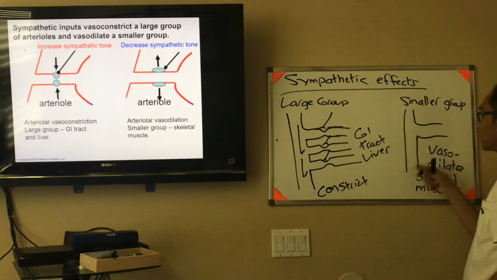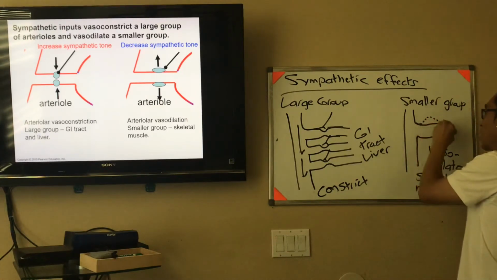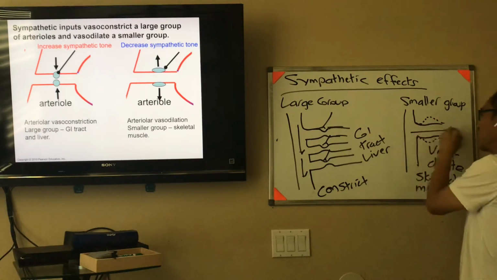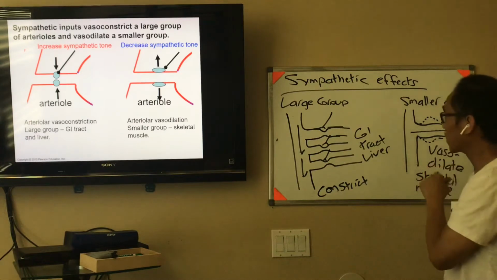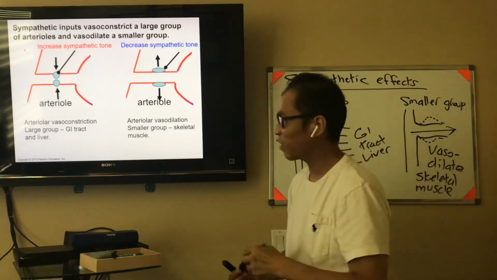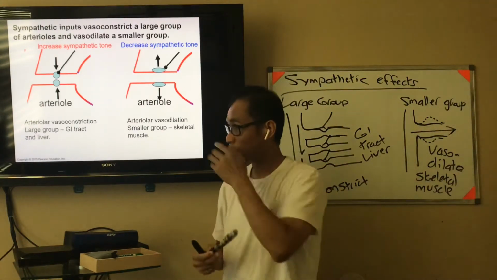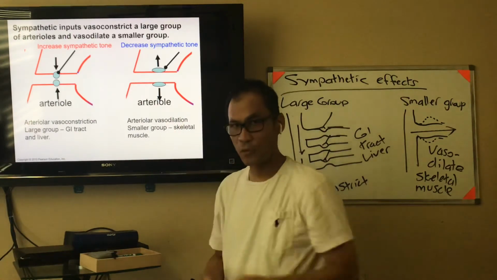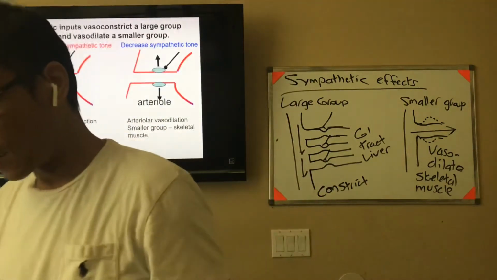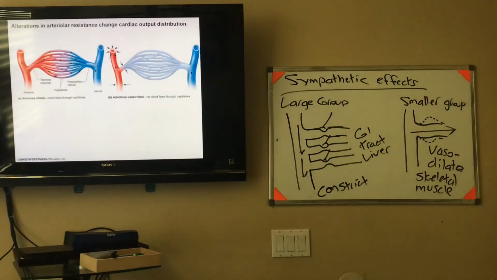This is the skeletal muscle. So let me kind of draw it, dilate it, so you increase the blood flow to the working muscles that you're using in your fight or flight response. So basically large group, small group, and I want you to know that. Here are the pictures in the book that show you vasodilation and constriction of arterioles.